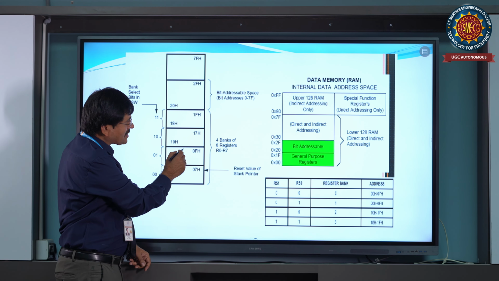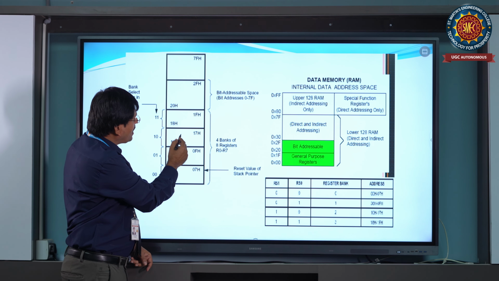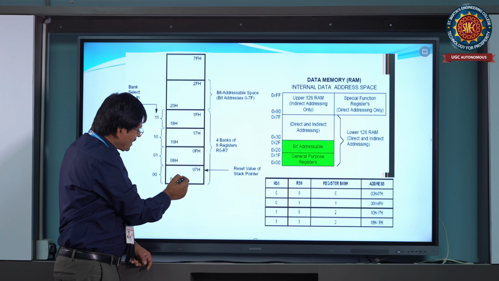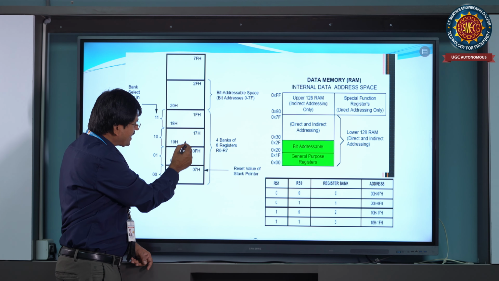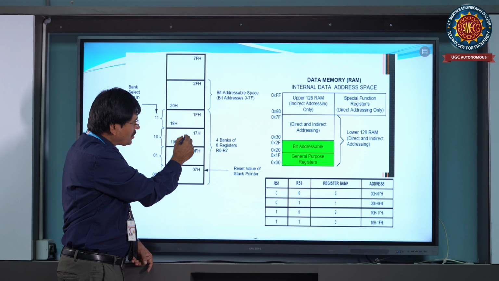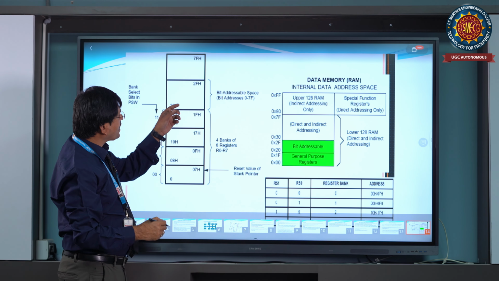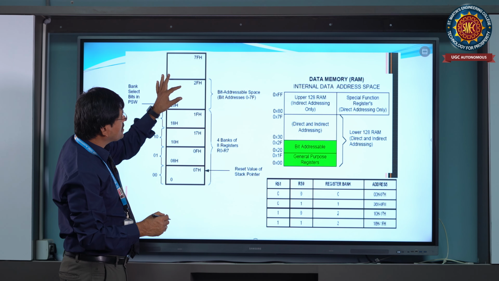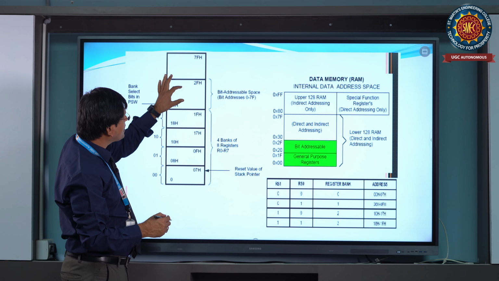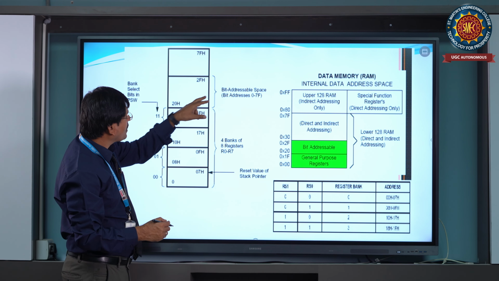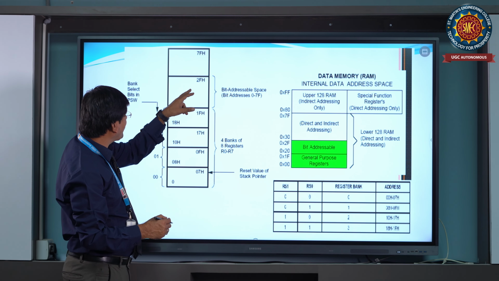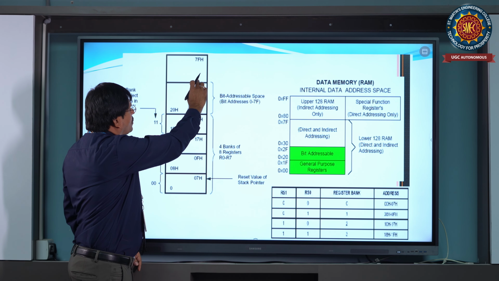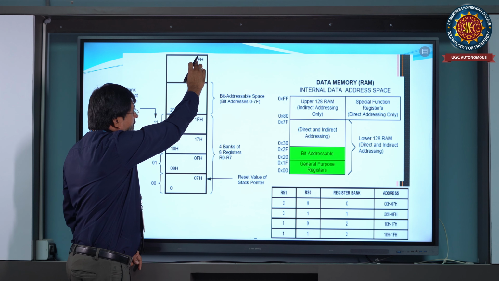There are 4 banks, and each bank has 8 registers, so 4 times 8 is 32 bytes of bank registers. The remaining memory, from 30H to 7FH, is byte-addressable memory.